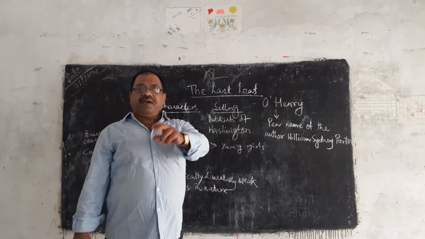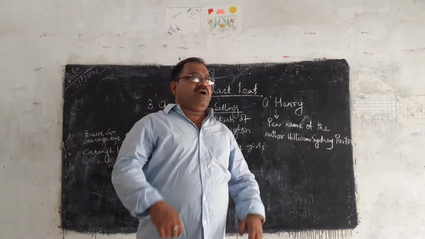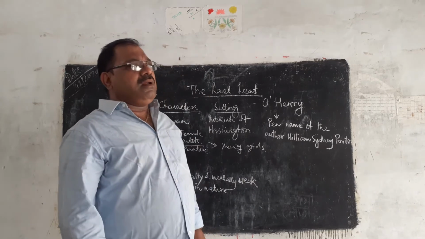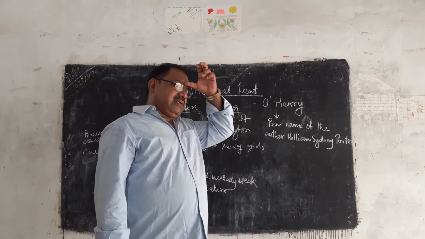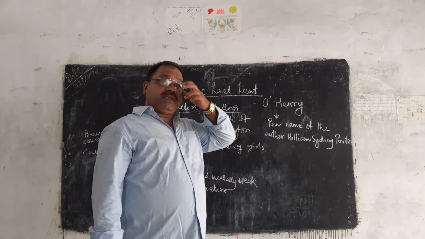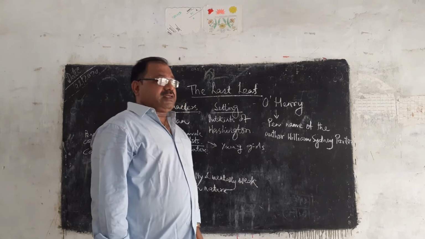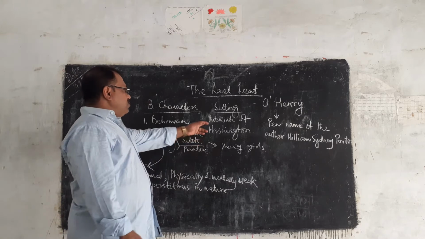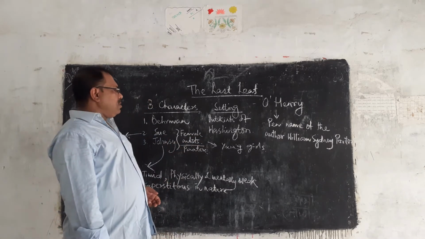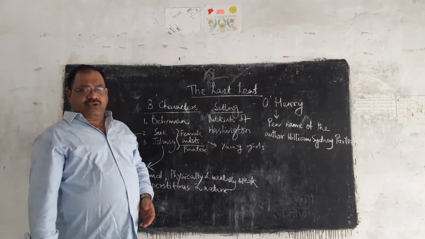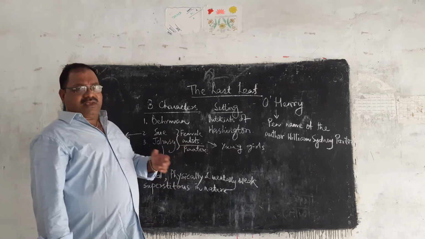Both of them are budding artists. They want to make a name on their own, establish their identity, and earn popularity by becoming good painters. They had shifted to the outskirts of Washington, rented a room which they converted into a studio, and both of them are staying there.